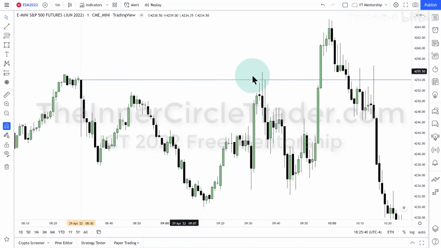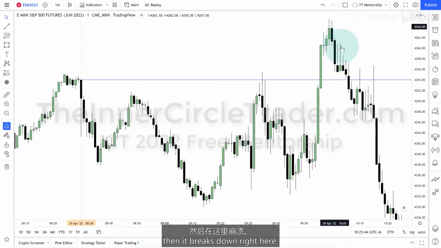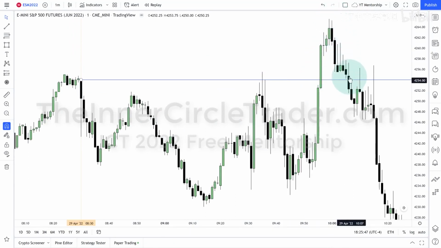Here they are here. The market runs up, then it breaks down right here. See that right there? That's a swing low. Breaks below it.